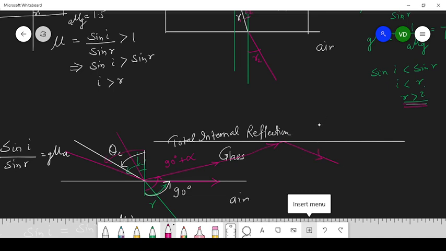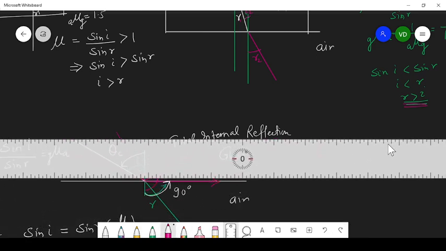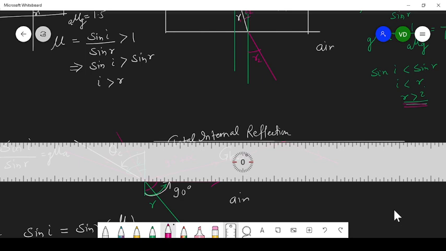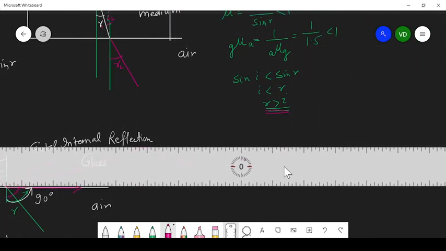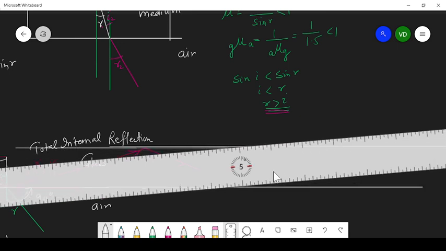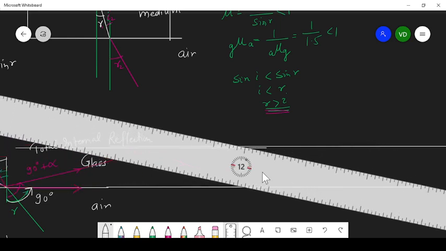It will not go to air medium, but it will get confined to the glass medium. Again we can have another surface of this glass material. Like this here, and we can extend this glass material to a longer distance.